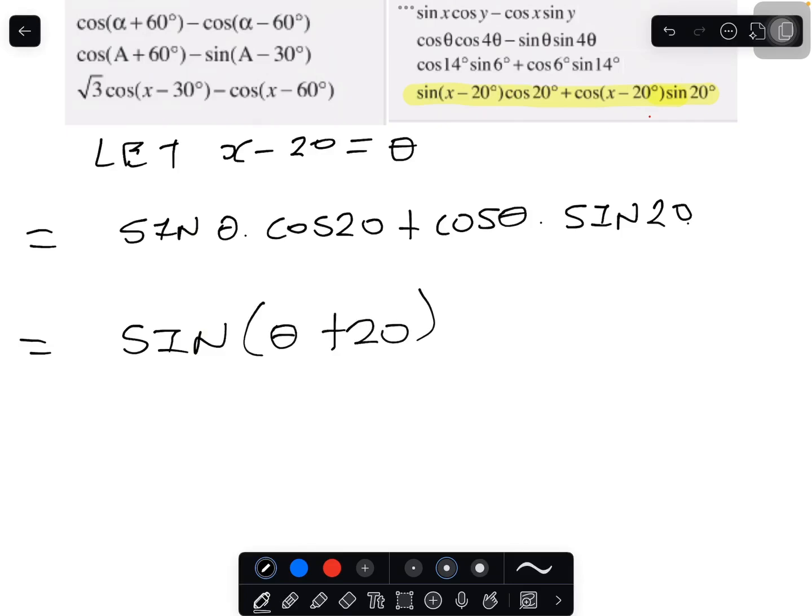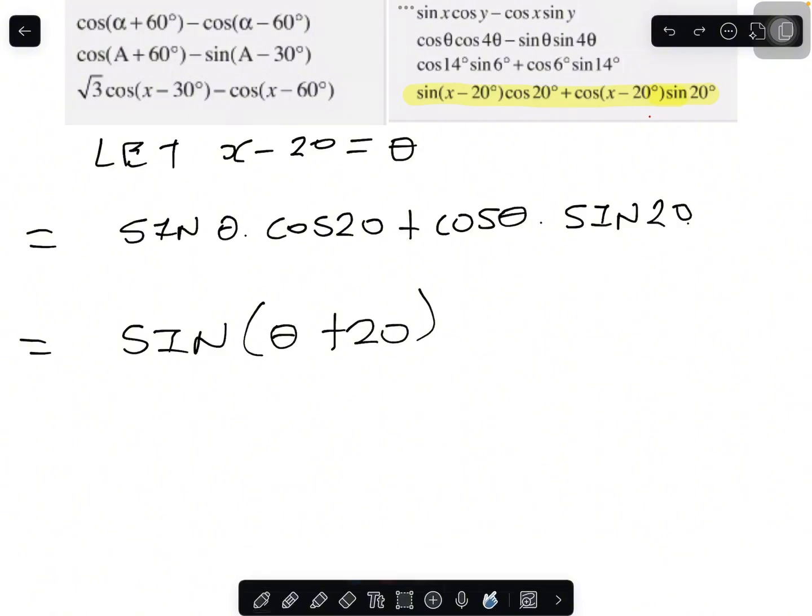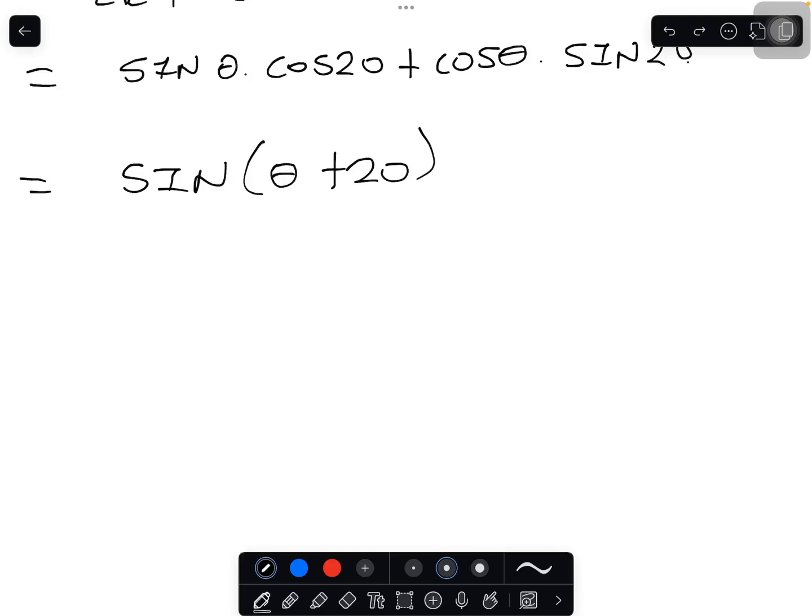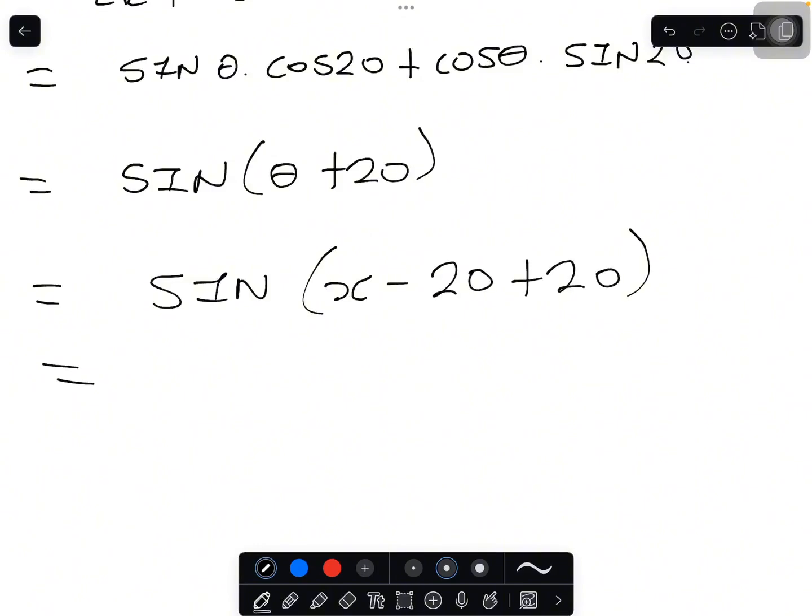And in this form, we're now going to substitute the 20 back in. So I'll have sine of x minus 20 plus 20, and then I'm just going to have sine x.